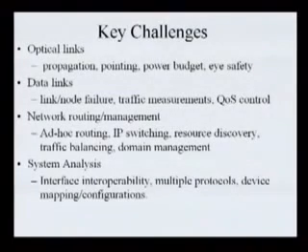Then system analysis: how do all these different interfaces like SCSI and Ethernet work together? Multiple protocol, device mapping, configurations, that sort of stuff. So we're thinking about it from a storage area network point of view, basically a storage area network that's distributed over the entire campus.